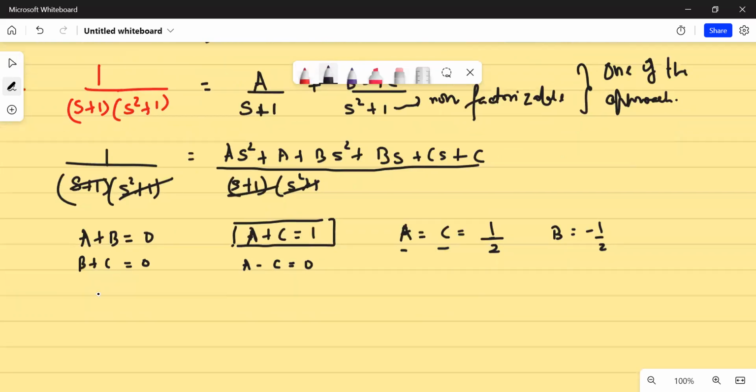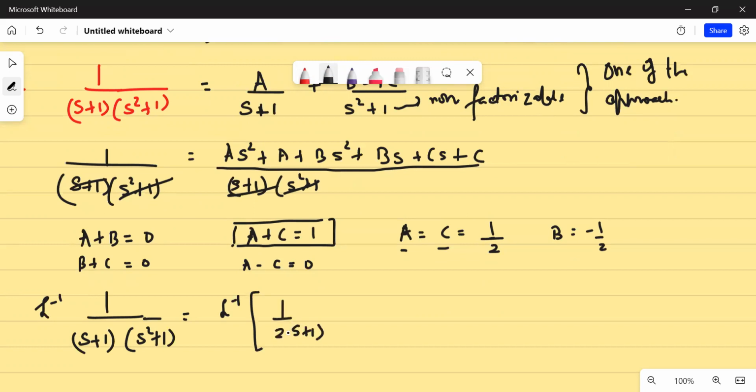So the Laplace inverse of 1 upon (s plus 1) into (s square plus 1) will be equivalent to writing Laplace inverse of 1 upon 2(s plus 1), plus, taking half outside, Laplace inverse of (1 minus s) divided by (s square plus 1).